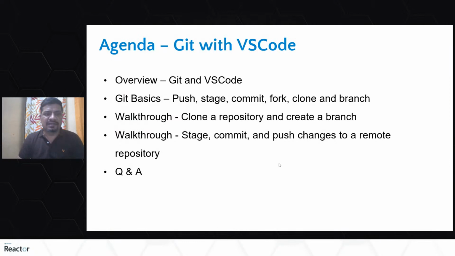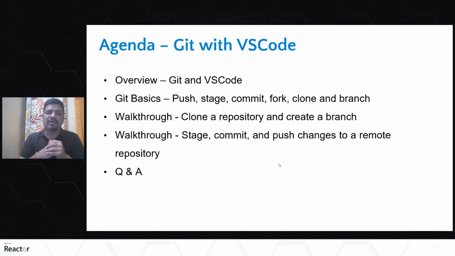Okay, so today's agenda, in the next 1 hour or probably 45-50 minutes, I'll try to cover Git and Visual Studio Code. So a little primer, right? So that all of our understanding for joining the session is the same before we start with Visual Studio Code and Git. So I'll be talking about Git, what all generic commands a developer generally uses.